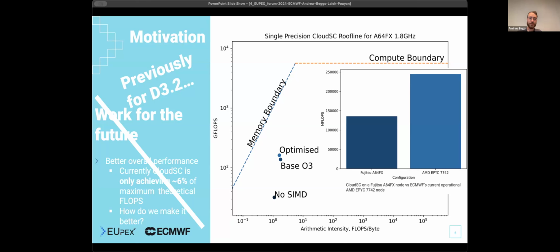We were only achieving 6% of the max theoretical flops, which is quite poor. And we're only getting 50% of the SIMD utilization on the A64FX processors, which was one of the previous EUPEX SDVs. And the question becomes, how do we make it better for the RIA processor?